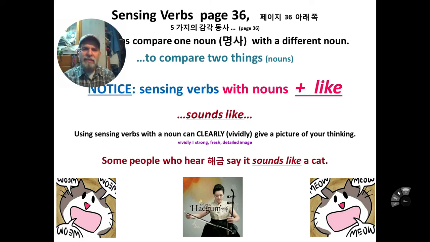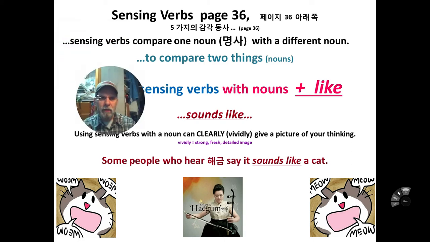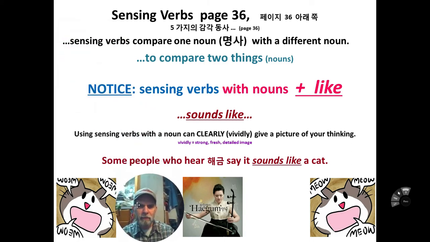Okay, notice. Sensing verbs compare one noun with a different noun. You're comparing two nouns. Remember, sensing verbs in the sentence you must have two nouns or one adjective. Okay, but notice in the pink, sensing verb with nouns.